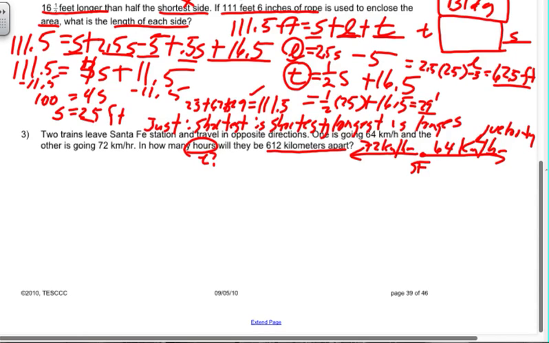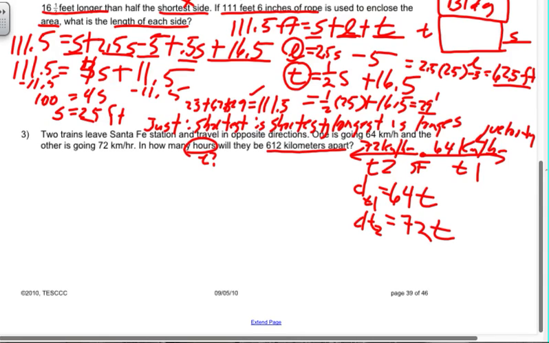So the first thing we need to do then is calculate our distances. Okay, so let's call this train 1, call this train 2. So the distance for train 1 is going to be its speed, which is 64 kilometers per hour, times the time. The distance for train 2 is going to be 72 kilometers per hour times the time.